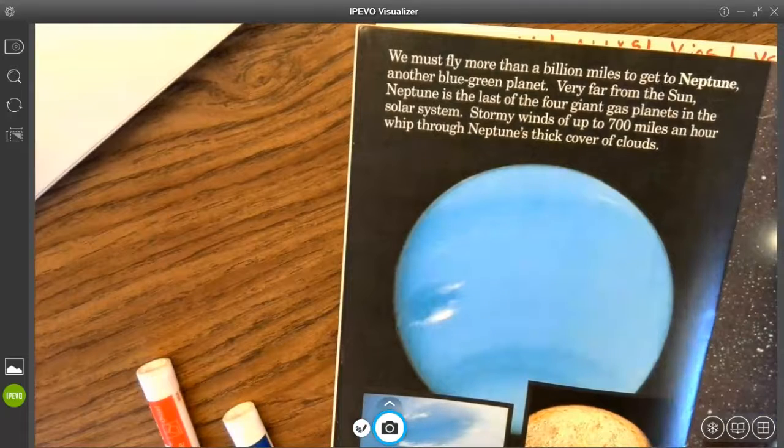We must fly more than 1 billion miles to get to Neptune, another blue-green planet. Far from the sun, Neptune is the last of the 4 giant gas planets in the solar system. Stormy winds of up to 700 miles an hour whip through Neptune's thick cover of clouds.